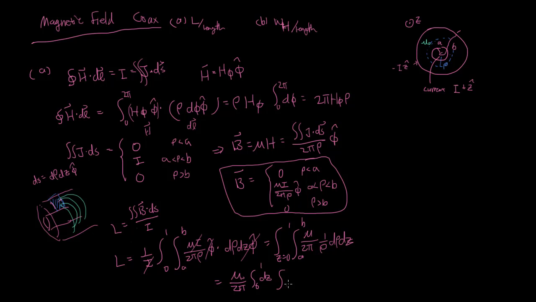In our rho, rho goes from A to B of 1 over rho d rho. So the integral of 1 over rho is the natural log of rho. So we have, recall that if you have natural log of B minus natural log of A, you can combine them, in the case of natural logs, to be natural log of B over A.